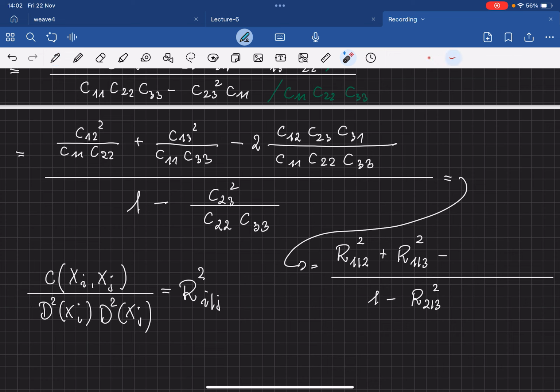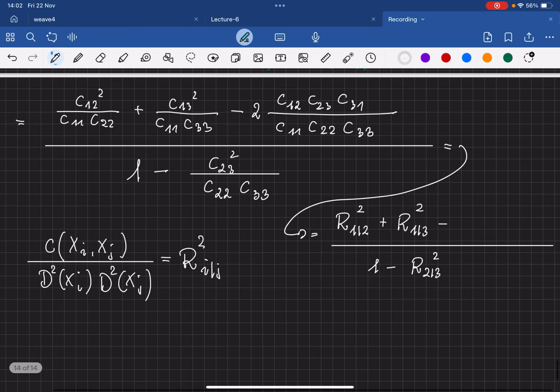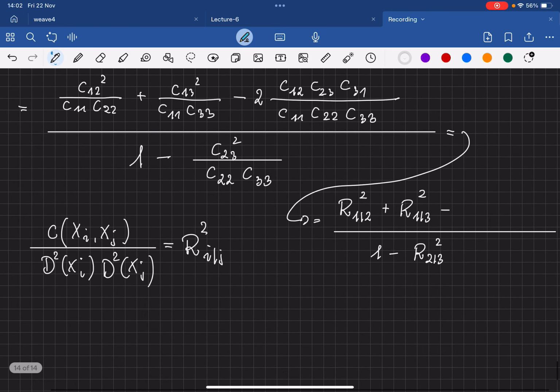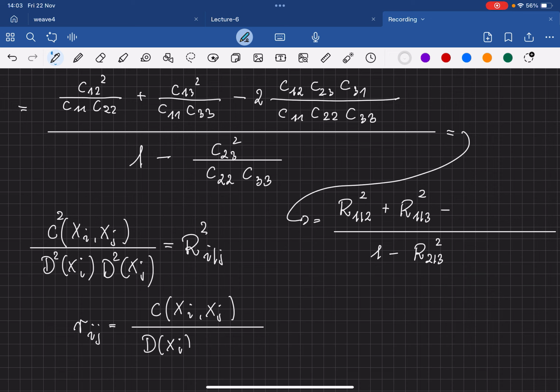And there is also a place here for this thing. We should remember squared, somewhere is squared here. We should remember that small r's, Pearson correlation coefficients rij, are calculated with use of the unsquared covariance, and instead of variances we have standard deviations in the denominator.